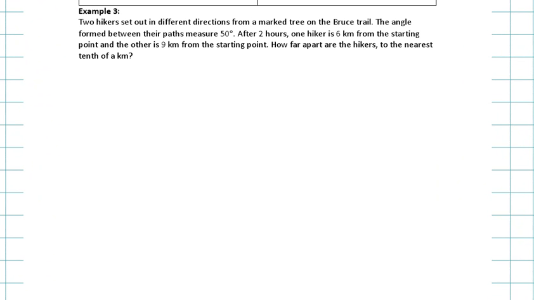The angle formed between their paths measures 50 degrees. After 2 hours, one hiker is 6 kilometers from the starting point, and the other is 9 kilometers. How far are the two hikers apart from each other?